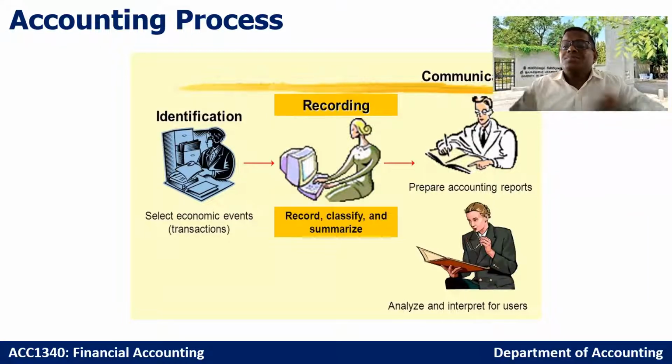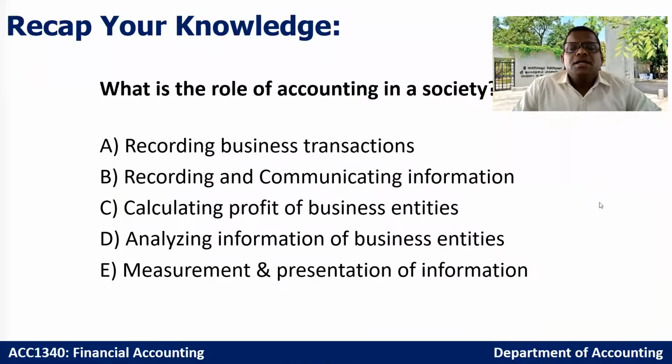You can expand into other disciplines as well. That's the importance of a software system with other software modules, maybe marketing, sales, operations, or finance modules. Anyway, that is about the accounting process. Recapture your knowledge: what is the role of accounting in a society?